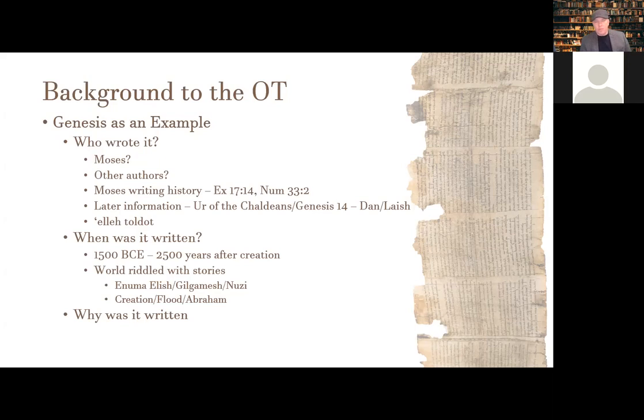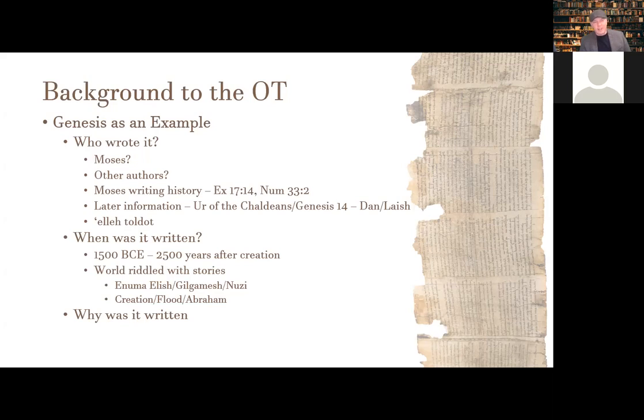Was it written by Moses alone, or were there other authors? There's always the question about Moses' death. How did Moses write about his own death? Through inspiration? Or did other authors contribute? And is it okay for other authors to contribute to a text in some way? Personally, I believe that the stories that were being told throughout the ages, Moses knew, and God inspired him to write these things down.